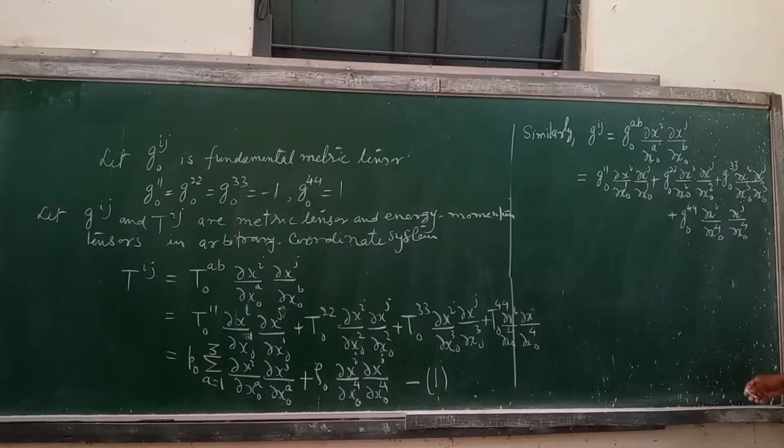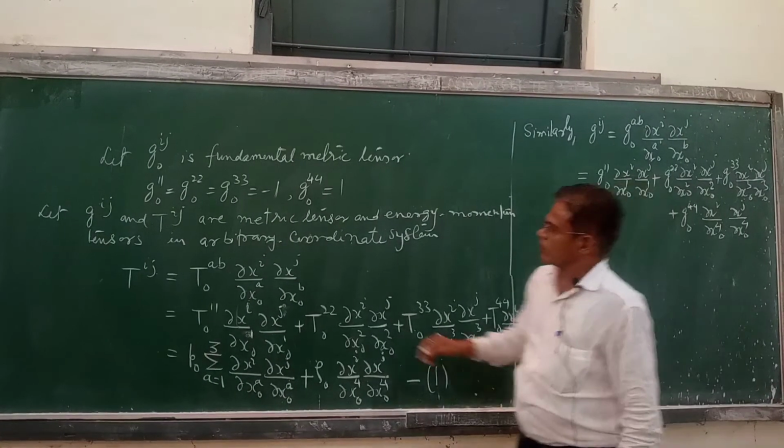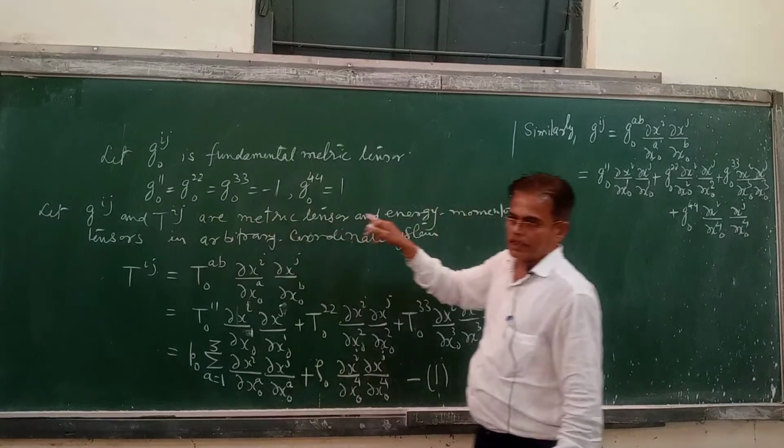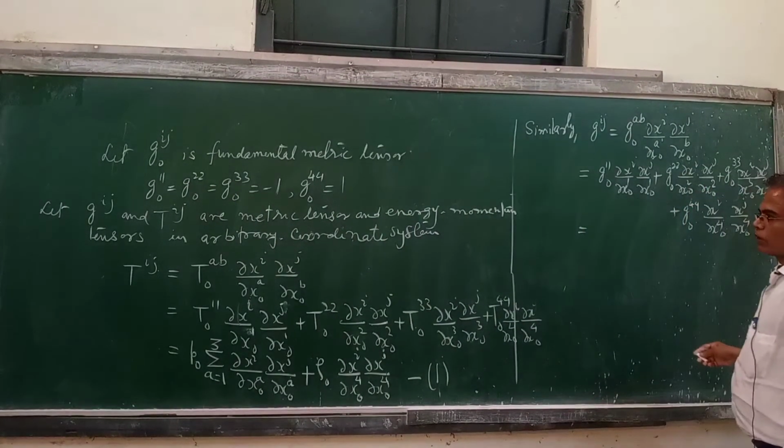Now by using the values of g11, g22, g33, these are minus 1, and g44 is plus 1.